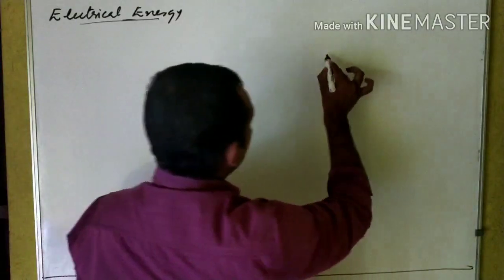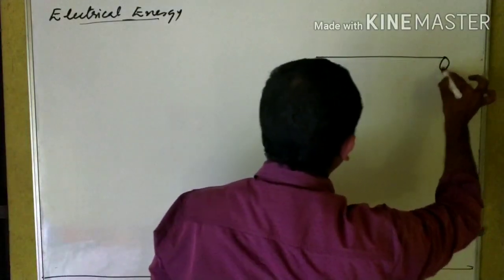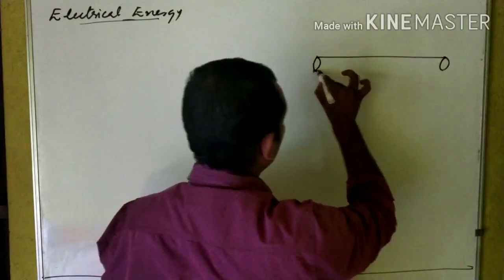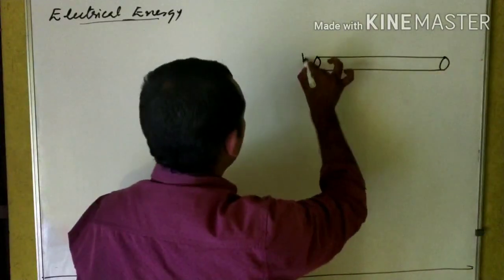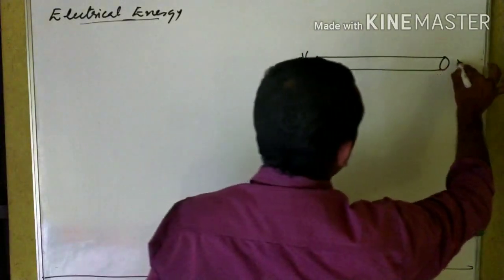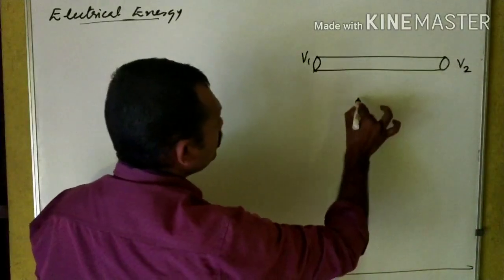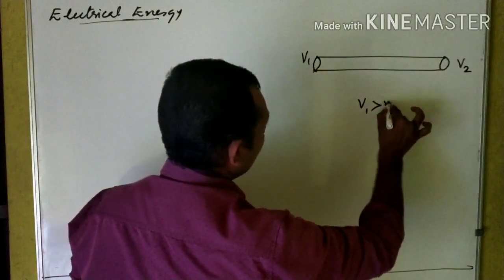Let us consider a conductor. Let one end of this conductor be at a potential V1, and the other end of the conductor at a potential V2, such that V1 is greater than V2.